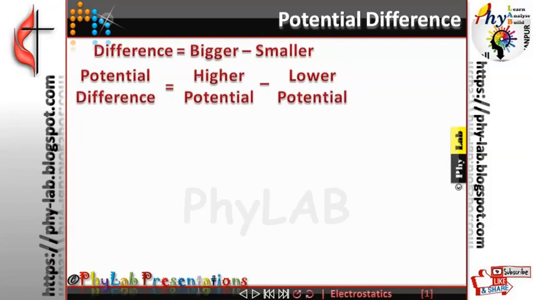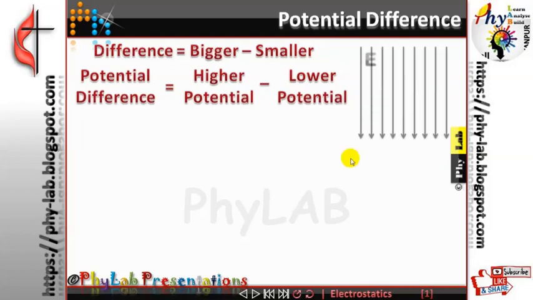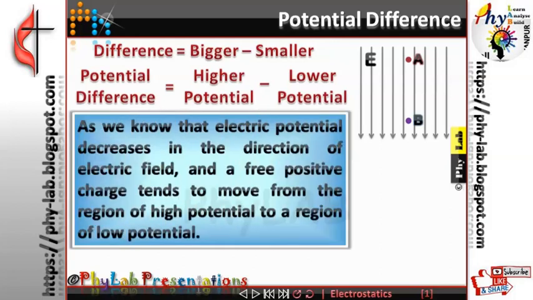a positive quantity. So suppose friends, in space I have got some uniform electric field which is directed from top to bottom as you can see, and there are 2 points, point A and point B. Now recall from our earlier discussion about electric potential and properties of electric potential, I told you that electric potential decreases in the direction of electric field.